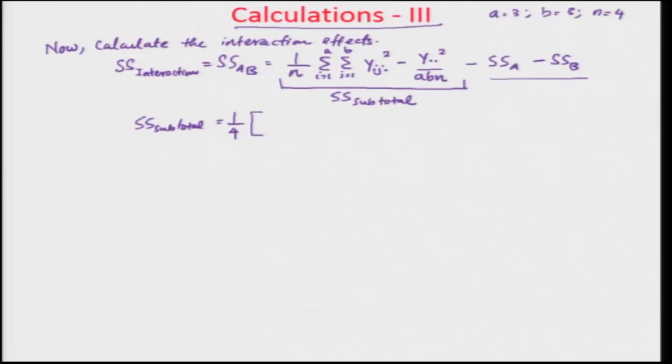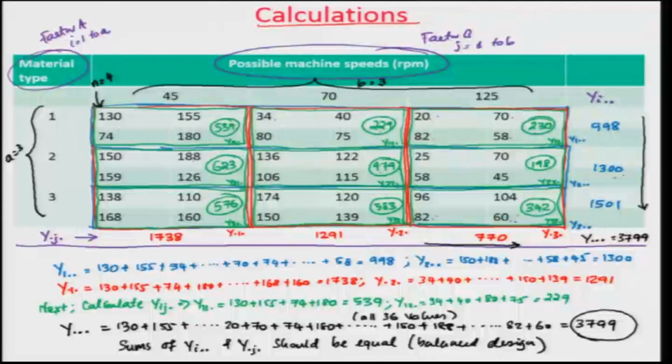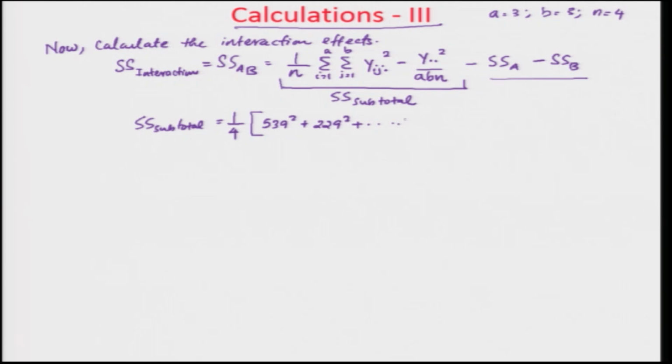So, we use 539 square plus 229 square, plus 230 square, all the way to 342 square. Okay.